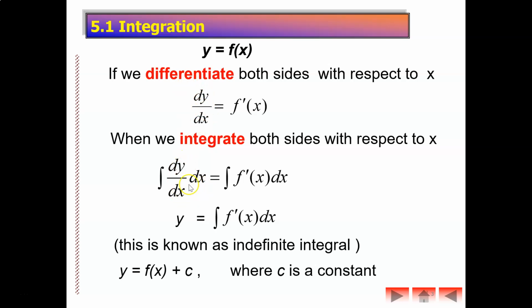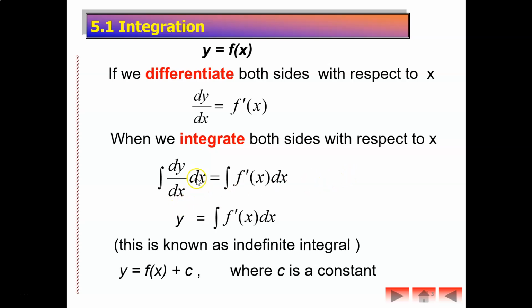And you have an extra dx over here. When you perform integration, you have to put this sign and dx at the back. So you have integration of dy dx, dx equal to, write it down again, integration of f prime x dx. So this is how you write down your integration.